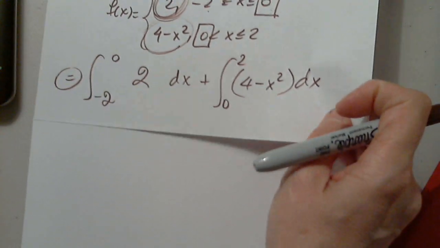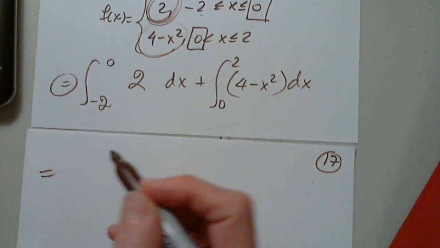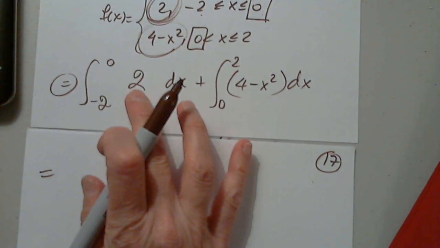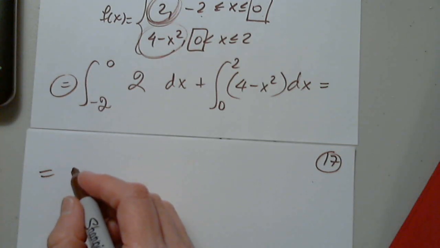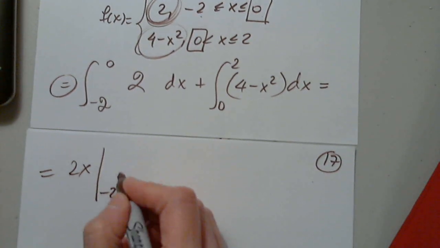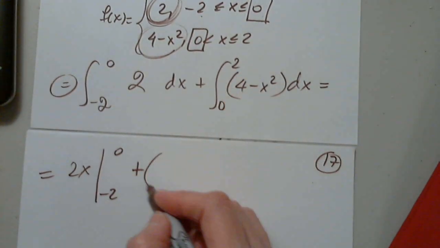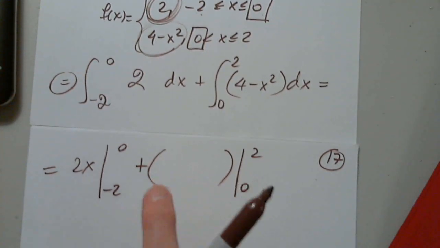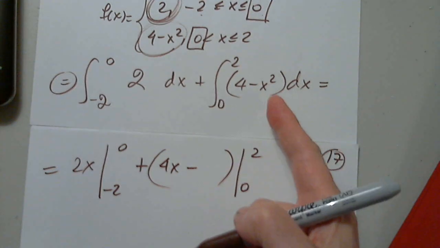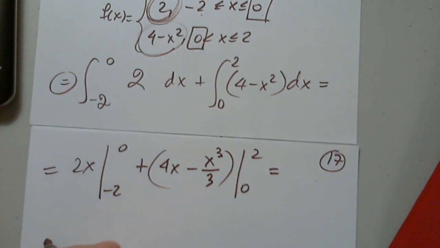And now I just perform the calculations. So which function's derivative is 2? Very good, 2x, from -2 to 0, plus. Which function's derivative is 4 minus x squared? 4x minus x to the power 3 over 3. That's it. Done.